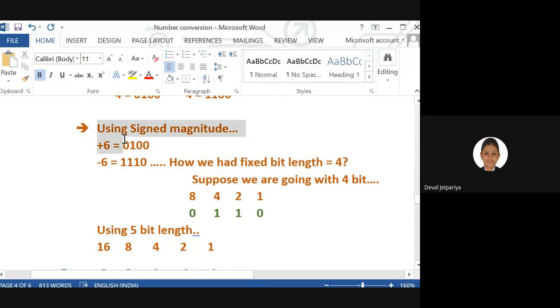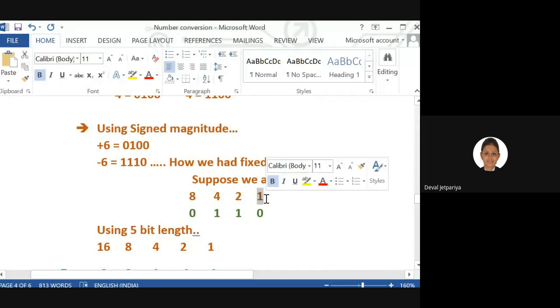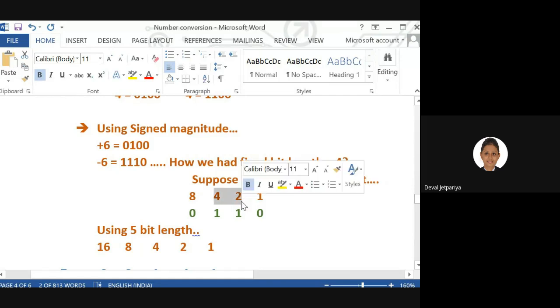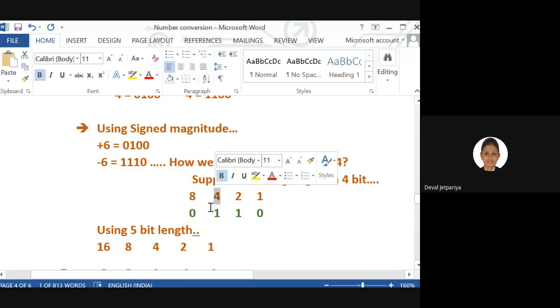So here we fixed that 6 requires 4 bits. Internally we arrange these 4 bits like this: the 0th bit represents 2 raised to 0, the first bit represents 2 raised to 1, the second represents 2 raised to 2, and the third represents 2 raised to 3.